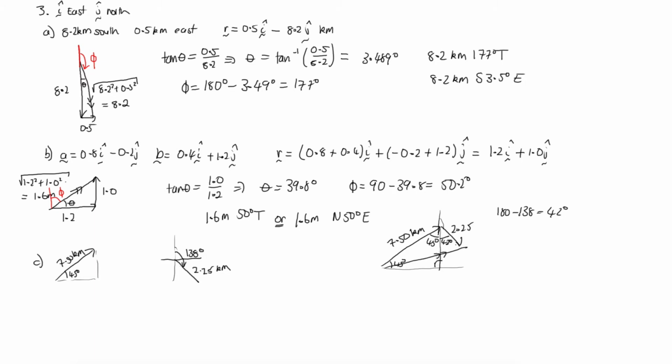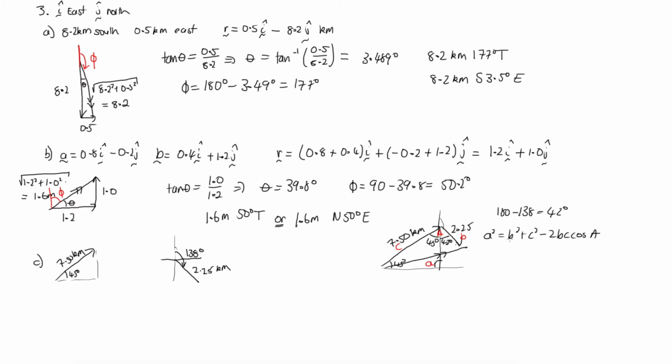One way that we can solve this is using our cosine rule. If we label this side here A and this angle here opposite it is angle A, we can call this side B and we can call this side C, then the cosine rule tells us that A squared equals B squared plus C squared minus 2BC cos A. So we could solve this and find the magnitude for A. But I think generally this way is a little bit harder, and when we get angles which are bigger than 90 degrees, if we don't account for it properly, we can lose negative signs and things.